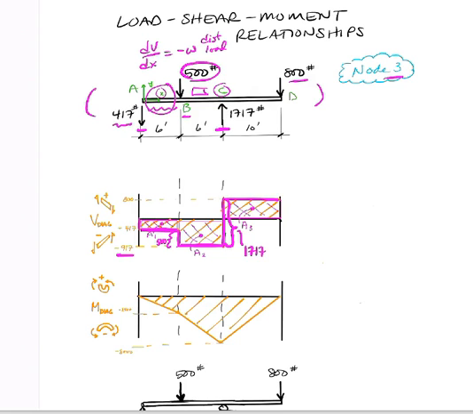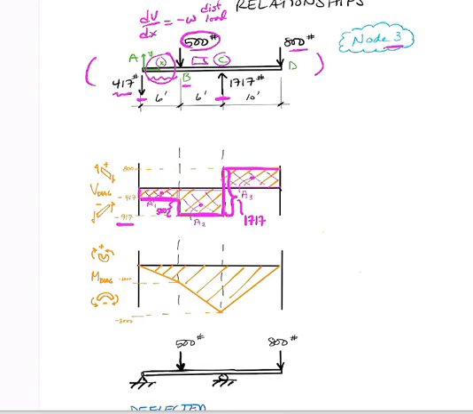So let's go ahead and work from our shear diagram to our moment diagram. We've got a couple of values that we're going to want to find here. In the shear diagram, we're going to find areas. The first area is going to be the rectangle between A and B, and I'm going to call that one, labeled right there, A1. So A1 is going to have an area of minus 417 times 6 feet, giving me a total of minus 2502.